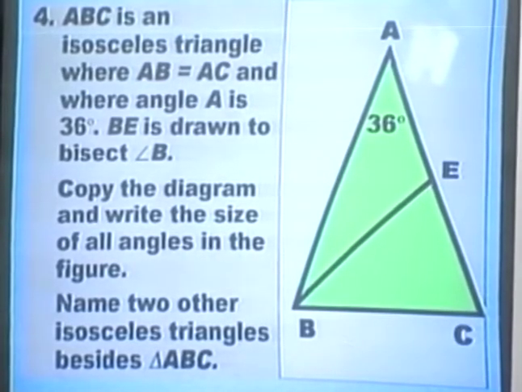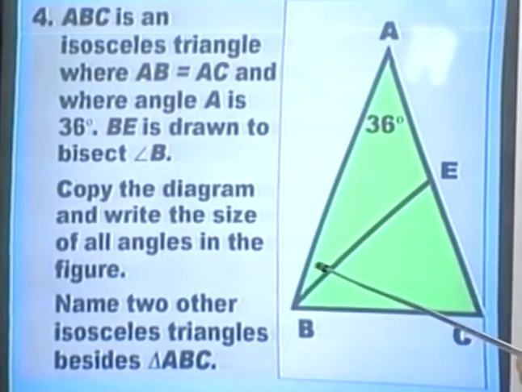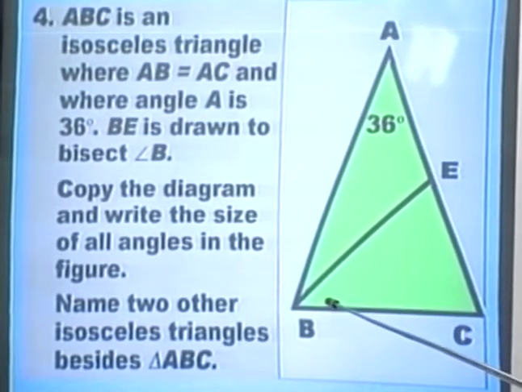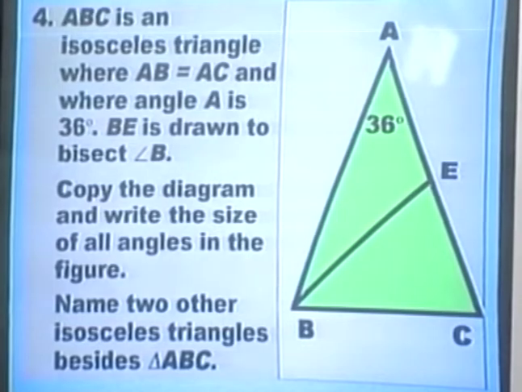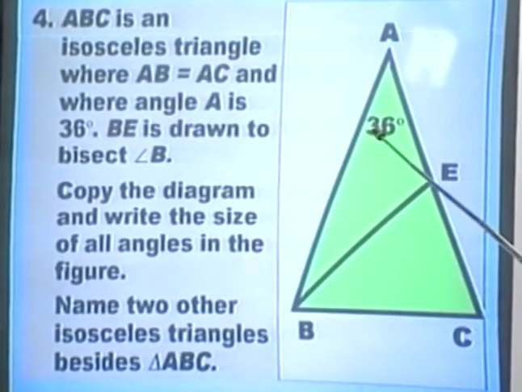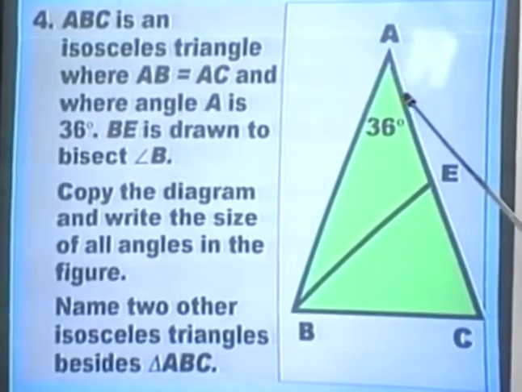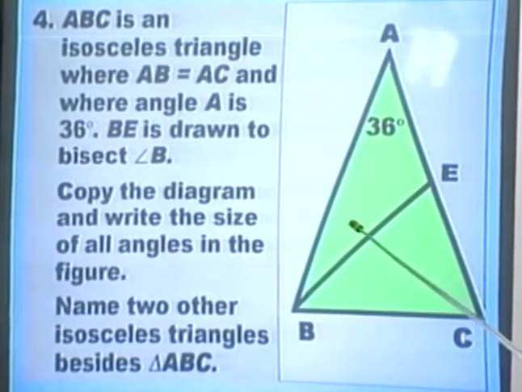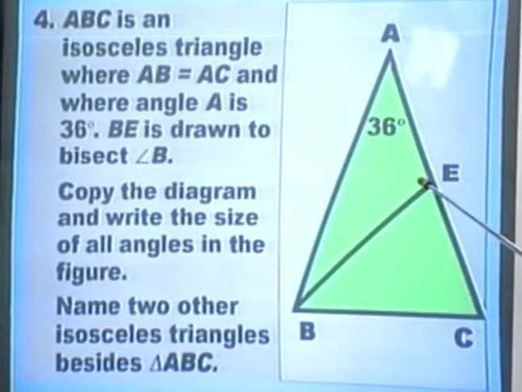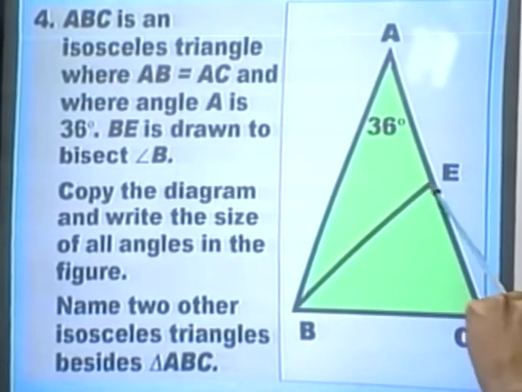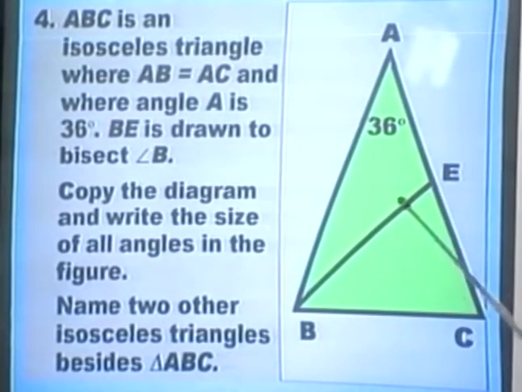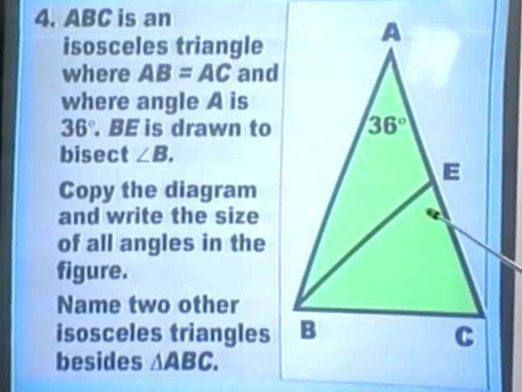Since line BE cuts in the middle, this angle will be 36 and this one will be 36. 36 plus 36 is 72, minus 180 would give 108. So this angle is 108. Since this is a straight line, you minus 108 from 180 would give 72.